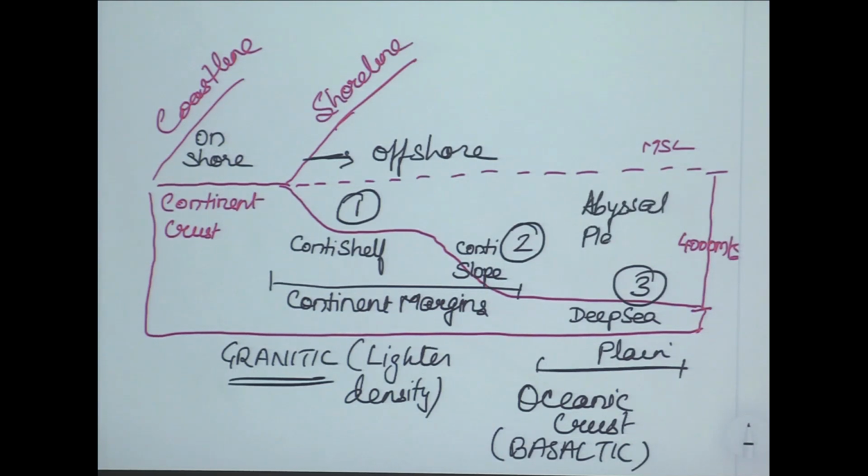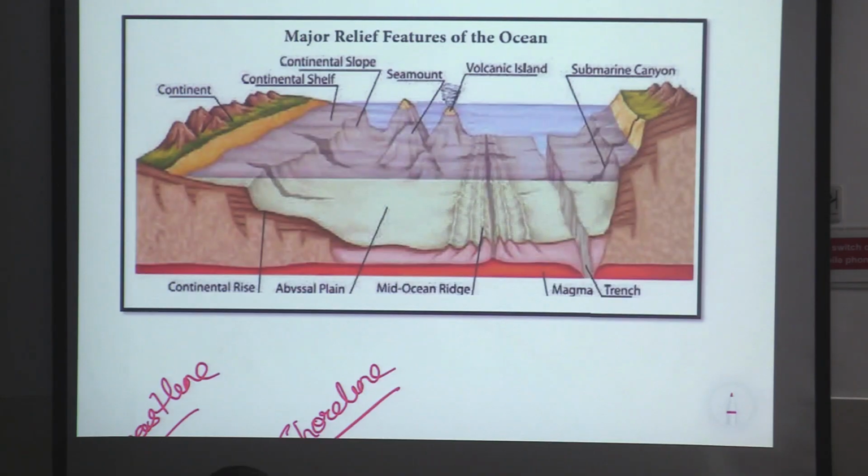Now, after learning it with a very simple sketch, let us take a diagram which will give us the understanding of the things much more elaborately one by one. Then we will go to our NCERT. Continental crust right here, this will be continental shelf. Continental shelf is paving way to, this is my shelf margin, this will be my continental slope, right?